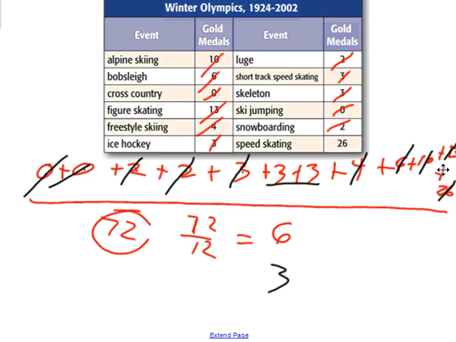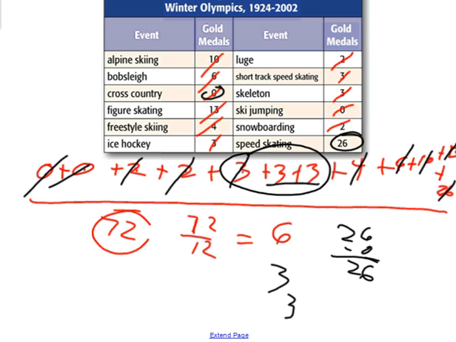So my median is 3. My mode, which is the most common term, 3 is listed 3 times, so that's going to be 3. And the last one is the range, which would be the highest value, 26, minus the lowest value, 0. So 26 minus 0 is 26. That's my range.